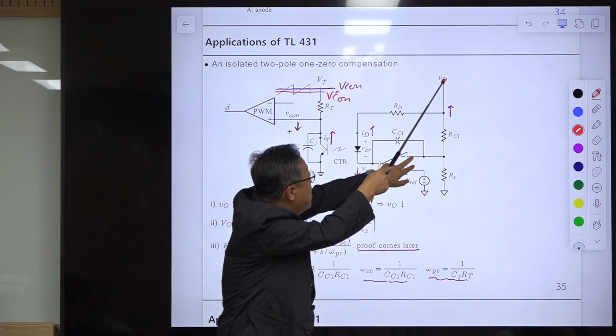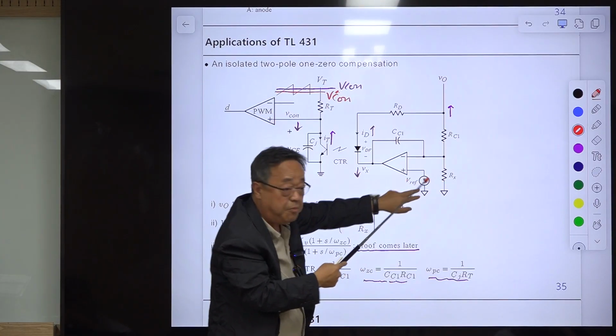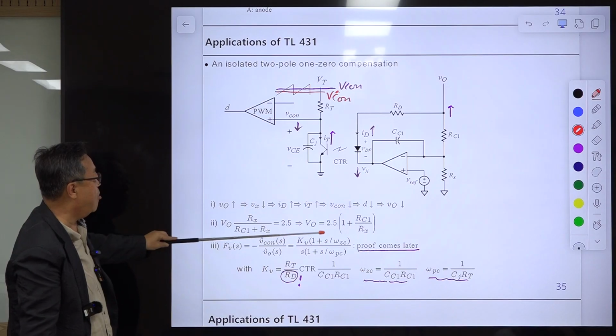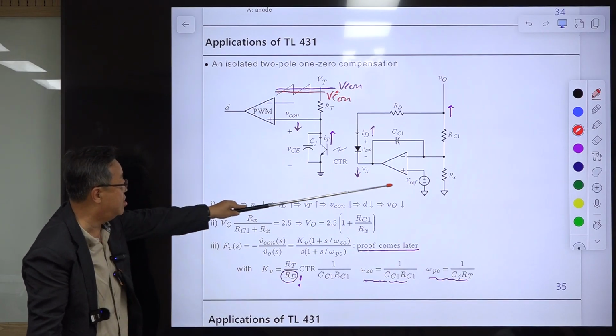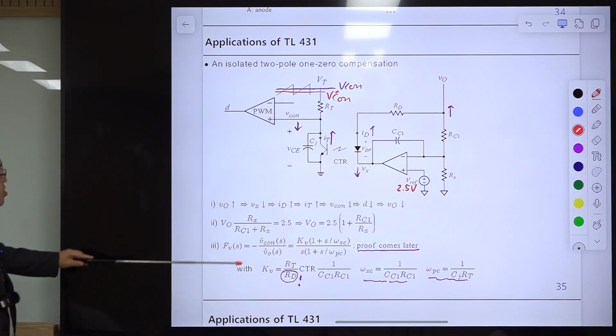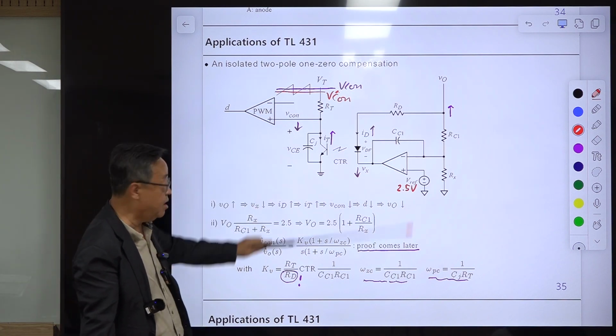Then this divided by 2 resistors should be the same as this virtual short. So you have this. Then our reference is 2.5. So 2.5 times 1 plus something else. So our output voltage should be larger than 2.5. That depends on the ratio of this.